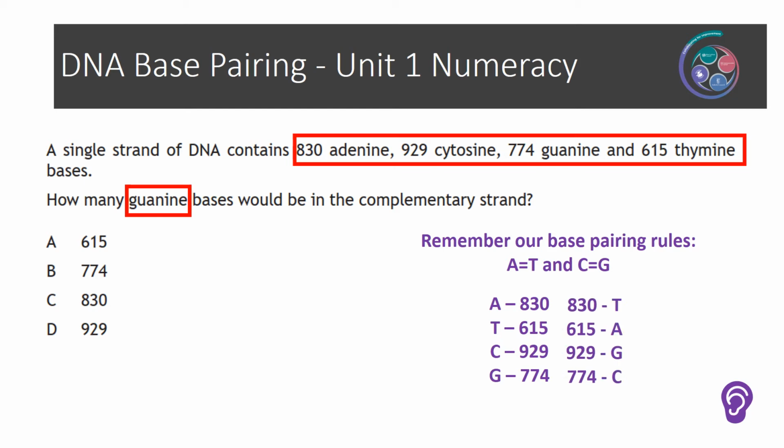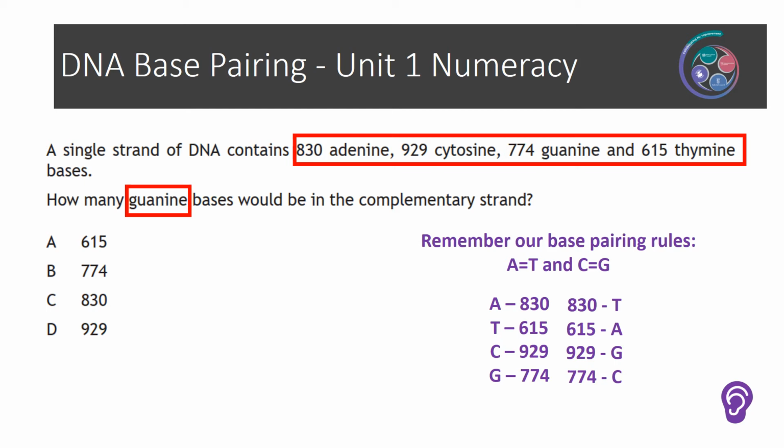But the question is asking to find out how many guanine bases there will be. So next, for the complementary strand, I write down the letters down the right-hand side. Now notice these are not the same as the left because I must use the base pairing rules.